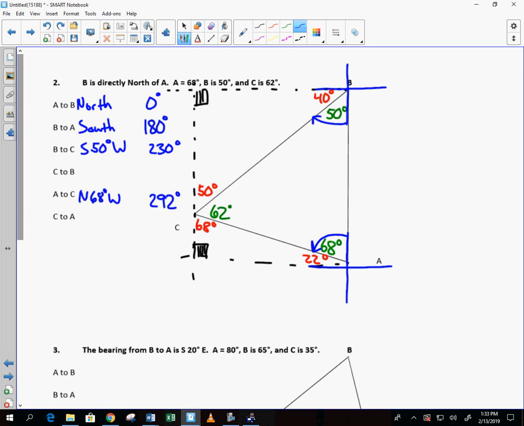Sam, where would you like to go now? Let's go to C. Direction to go from C to B. Northeast. From north, how many degrees to the east? 50. C to A. From south, how many degrees towards the east?